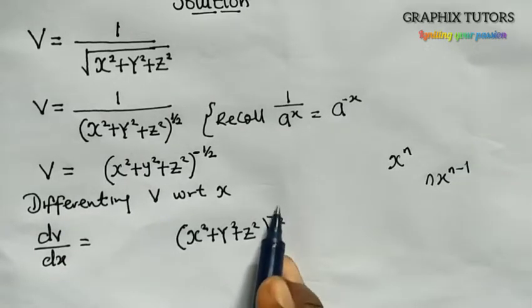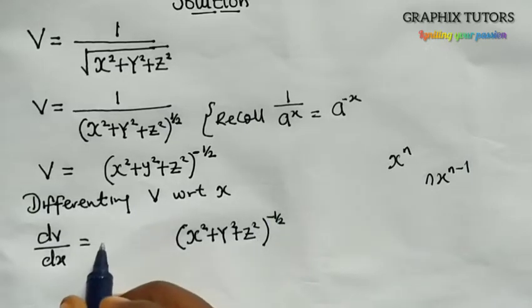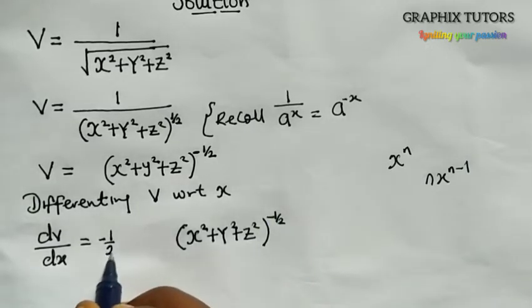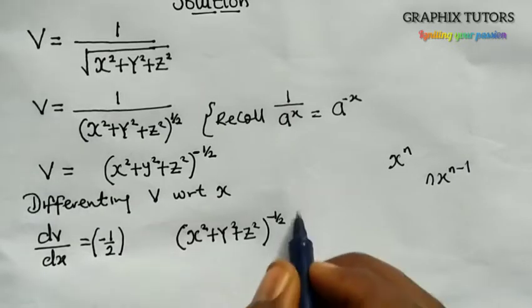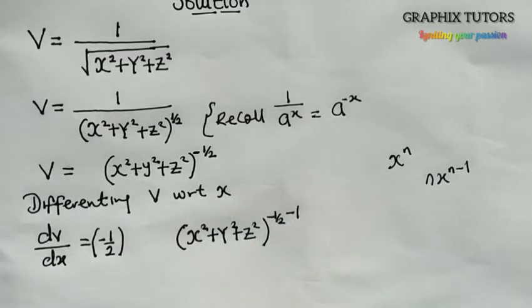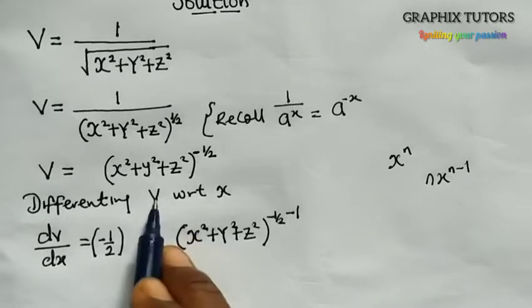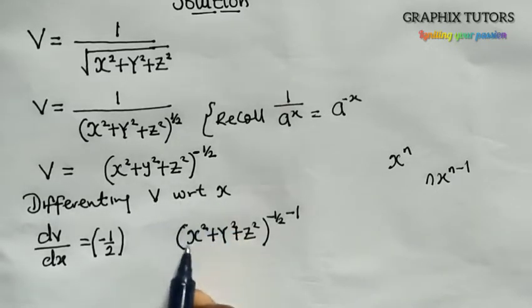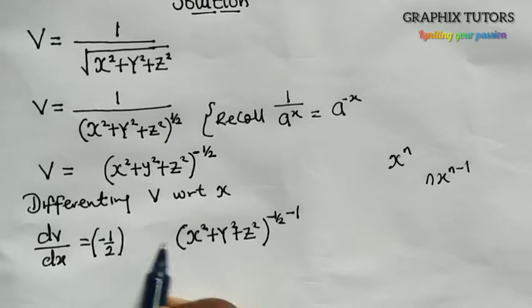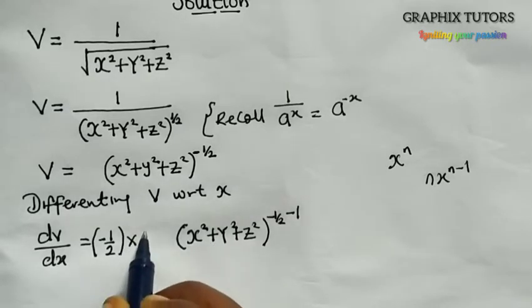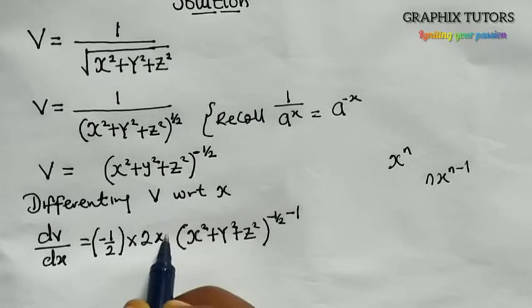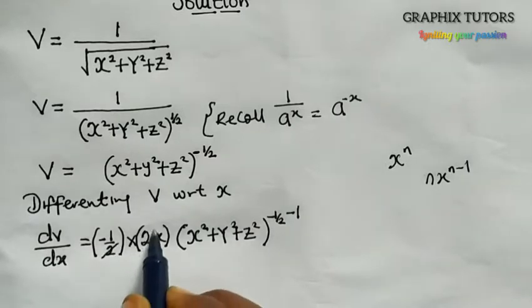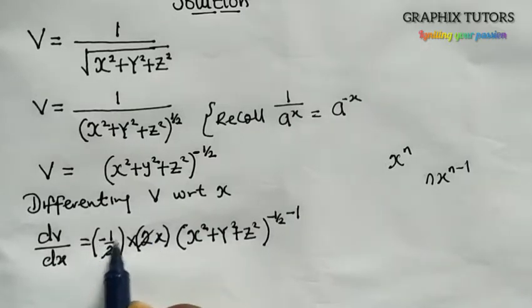So by bringing minus 1 over 2 to the front, I'm going to subtract 1 from the power because I've brought it down. Now, I am not going to differentiate x because I'm differentiating v with respect to x. So if I differentiate x squared, I'll have 2x multiplied. Now, if you look at it very well, these 2 will cancel these 2, remaining minus 1 and x.